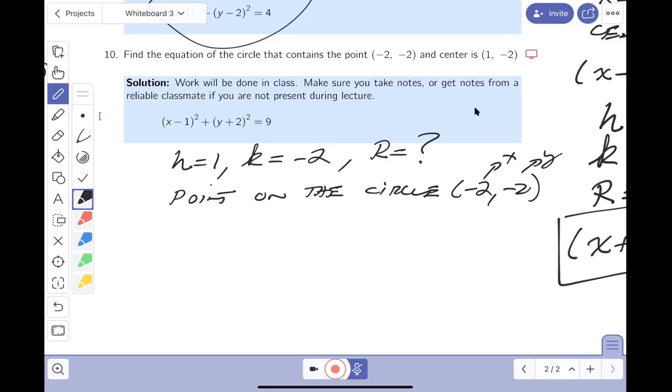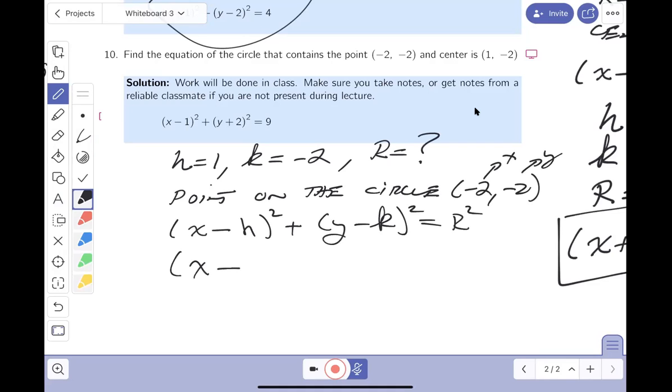Well, let's write down the formula. X minus h squared plus y minus k squared equals r squared. X minus, well, what's h? 1, plus y minus k, well, minus -2 is plus 2 squared equals r squared. I don't know what r is, right?